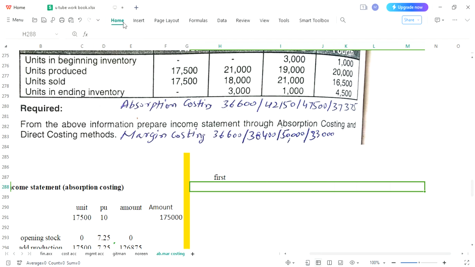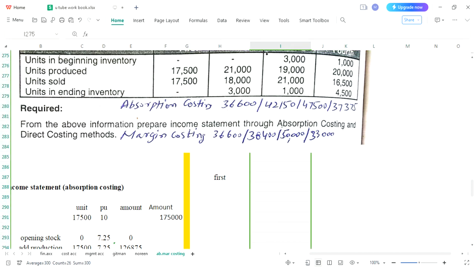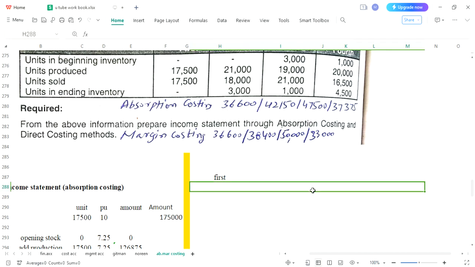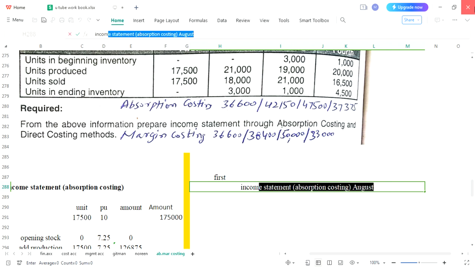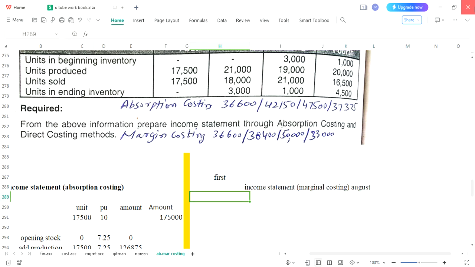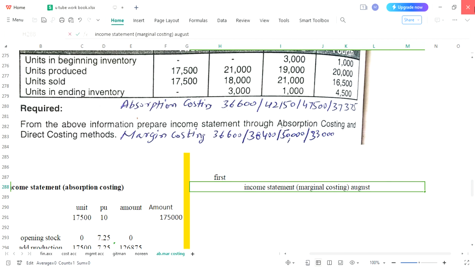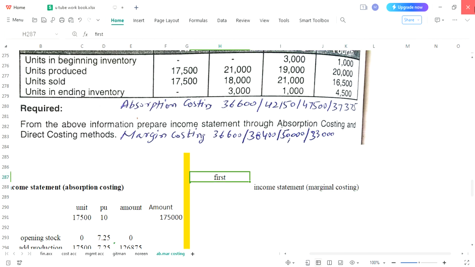related to marginal costing. So what we will do here, we will make our income statement for marginal costing, and since we are associated with per month, months are not mentioned, so this would be for your first month.